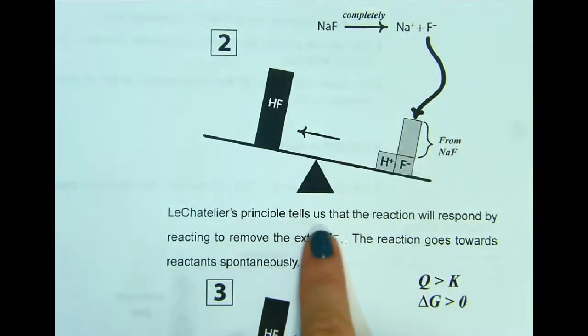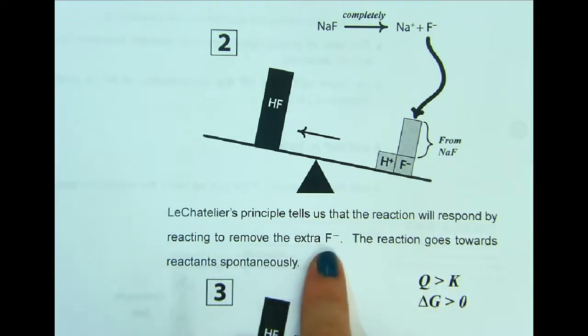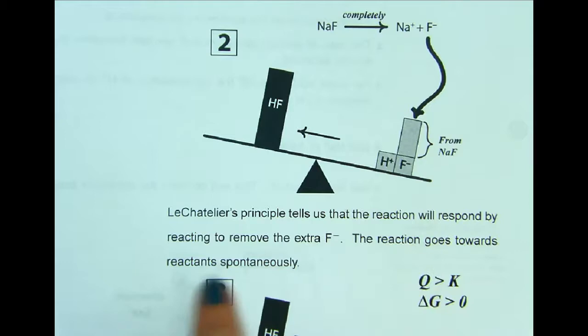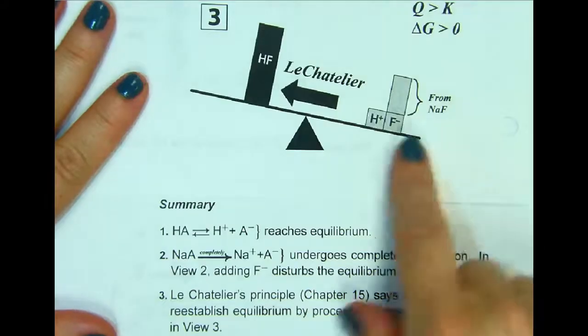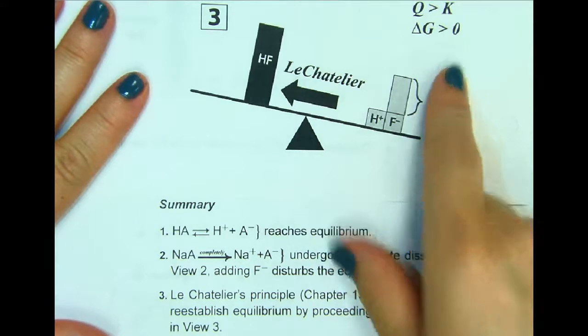Le Chatelier's principle tells us that the reaction will respond by reacting to remove the extra fluoride. The reaction goes towards reactant spontaneously, which means that we'll have a Q greater than K and a delta G that's greater than 0.